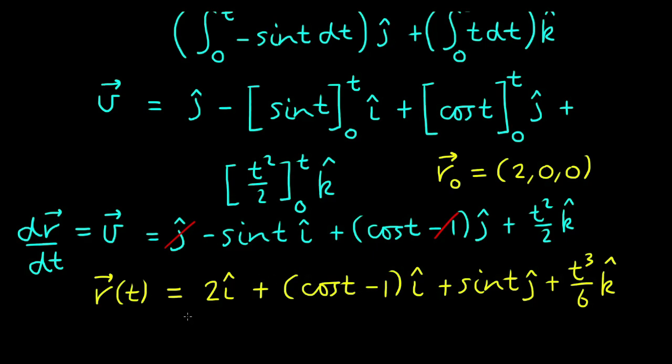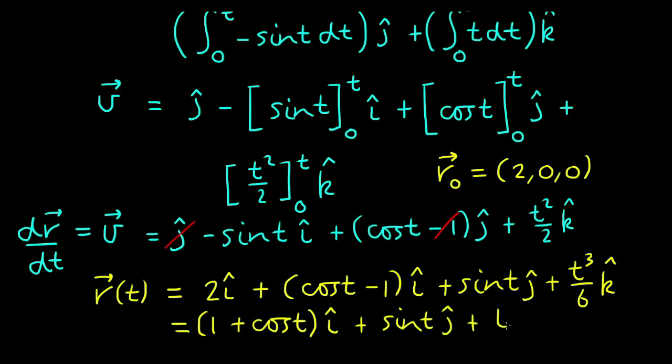And simplifying this, we get 2 minus 1, which is 1. Then we have plus cosine t in the i direction, plus sine t in the j direction, plus t cubed on 6 in the k direction. And this is our position as a function of time.